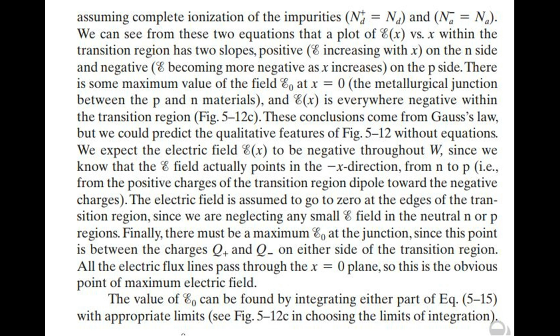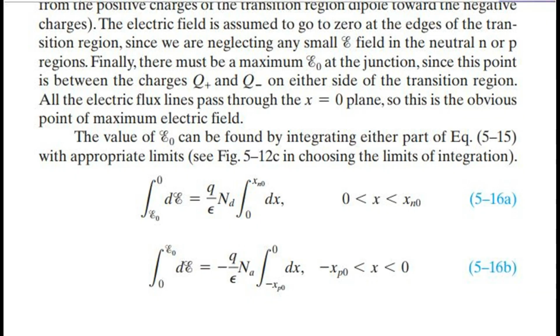The electric field is assumed to go to 0 at the edges of the transition region, since we are neglecting any small field in the neutral N or P regions. Finally, there must be a maximum ℰ0 at the junction, since this point is between the charges Q+ and Q-, on either side of the transition region.